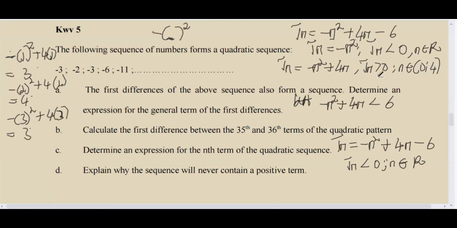But still, those values that are produced from the values substituted here are not greater than 6. So for the reason that they're not greater than 6, this expression here will fail to give us a positive value, because if we have a smaller number here and we subtract 6, then it's going to end up giving us a negative value. So therefore Tn is less than 0 for all n element of real numbers.